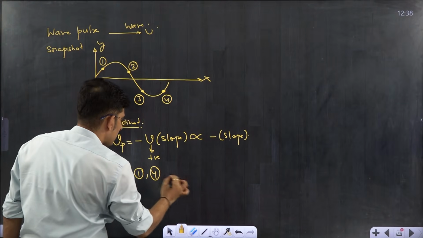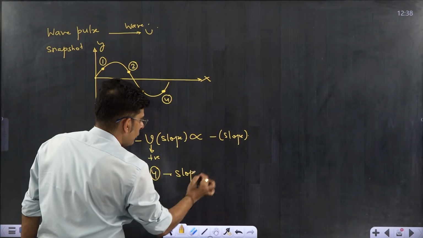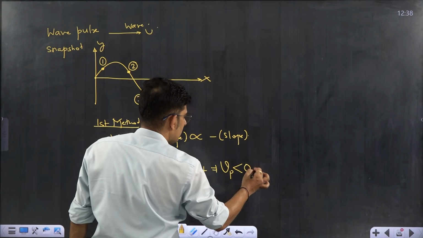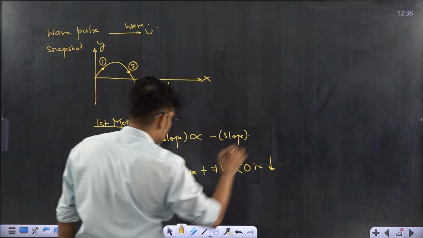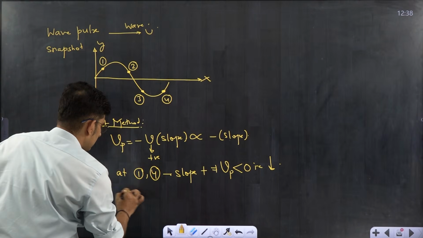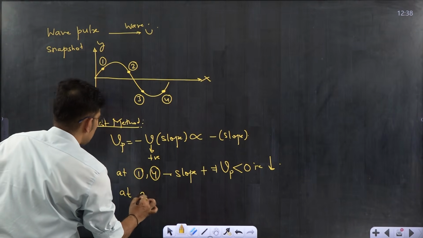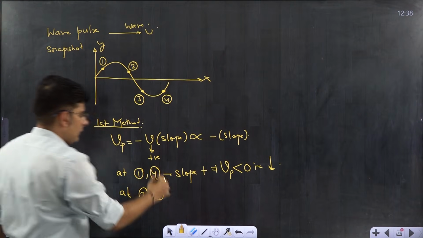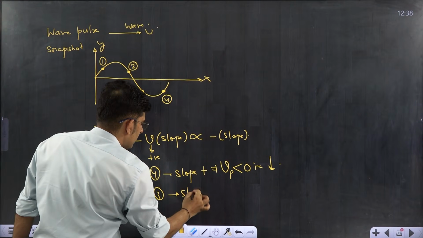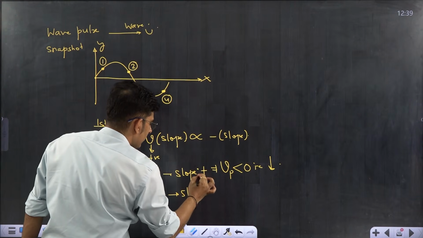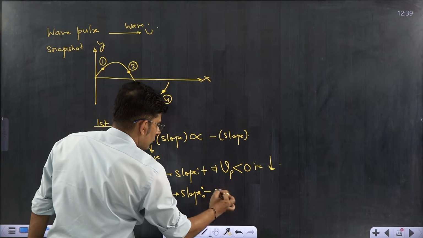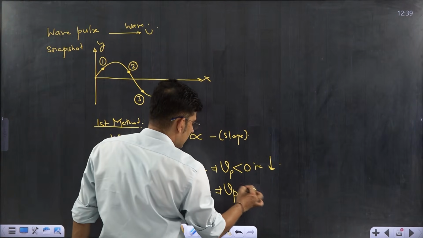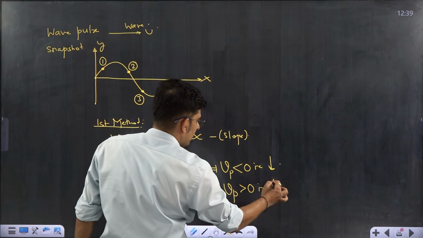At 1 and 4 graph is going up, so slope is positive. So this means particle velocity negative, that means particles are coming down. At 2 and 3, both you can see the graph is coming down. Graph is coming down, slope will be negative. So particle velocity is proportional to negative slope, so minus minus will become plus, that means going up.